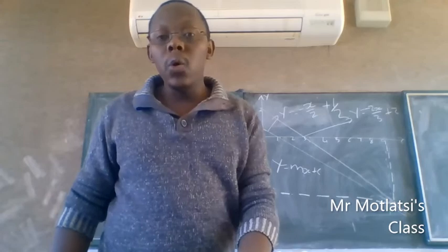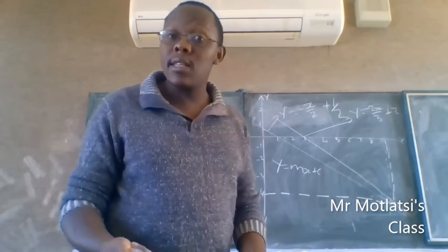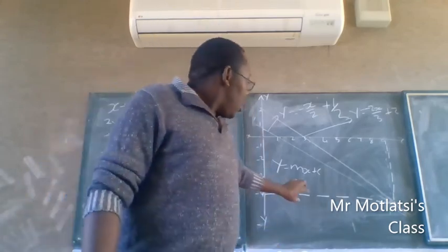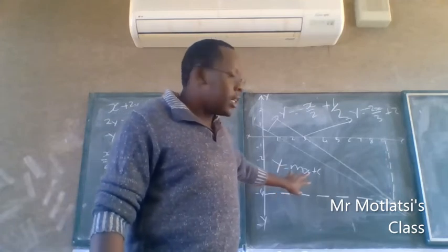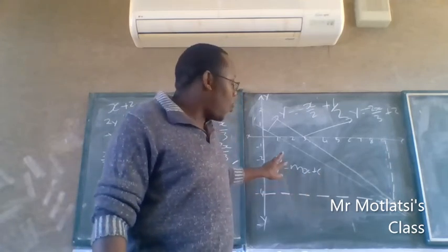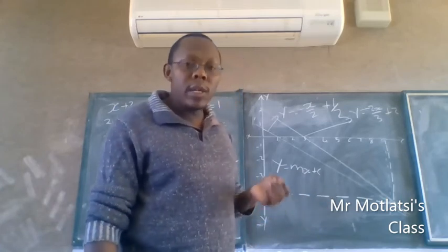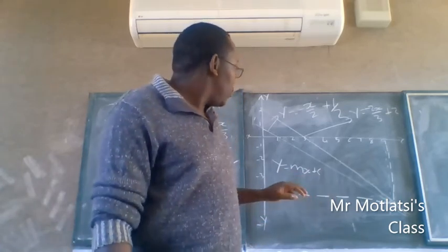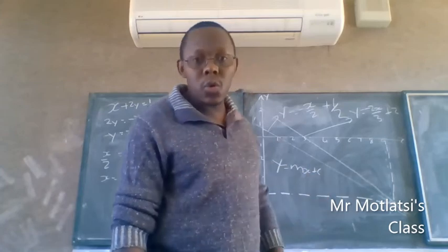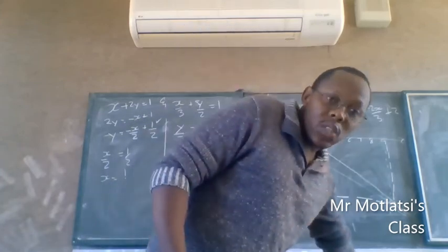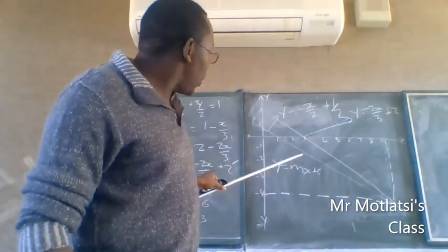Now, how do we know the point where the line crosses the x-axis? Well, if you have the equation in this format, then equate y to 0 and solve for x. The value you get for x is going to give you the point where the line crosses the x-axis.